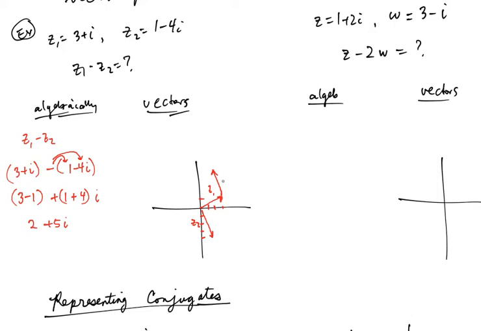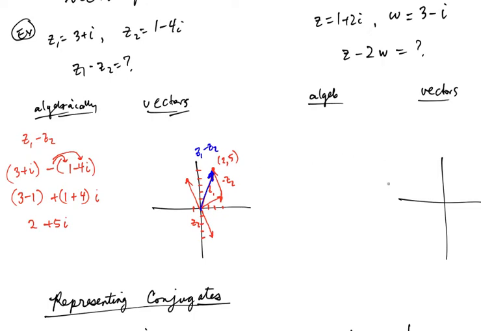So it would be minus z2. I flipped it, and then I moved it. If I were to move this up and go up 4, that should be 2. So that point right there would be 2 and 5 up. You can see that that also works. This vector right here, let me change that to a different color, that vector right there would be the vector z1 minus z2.